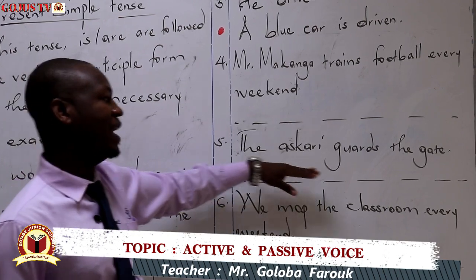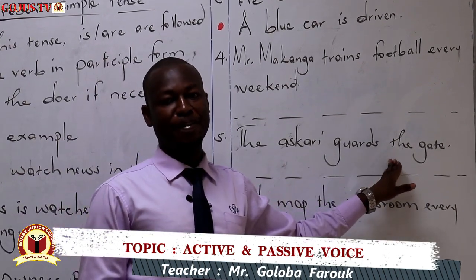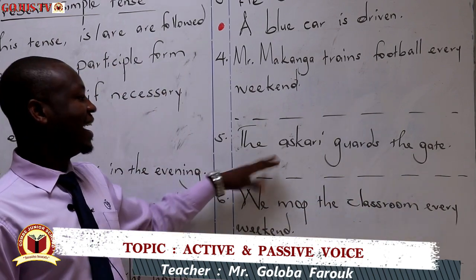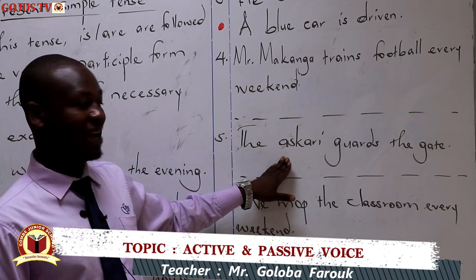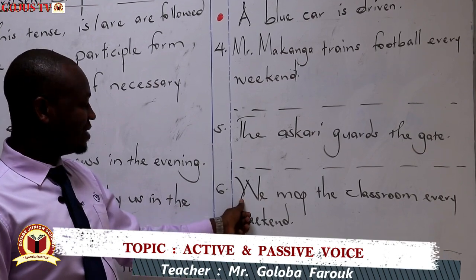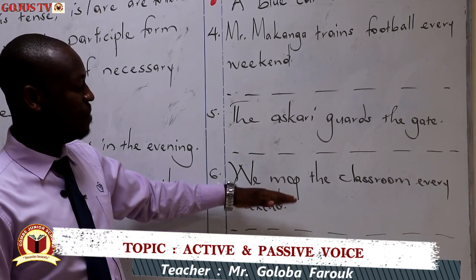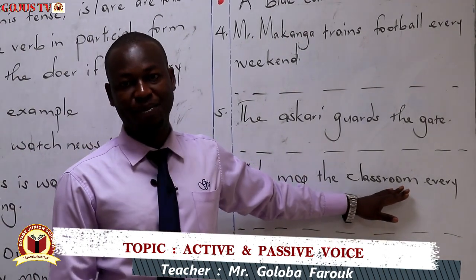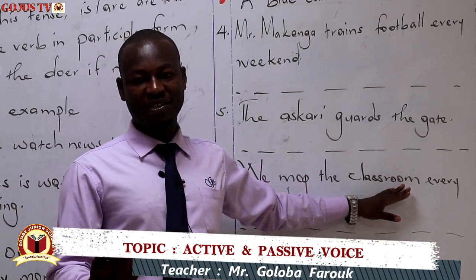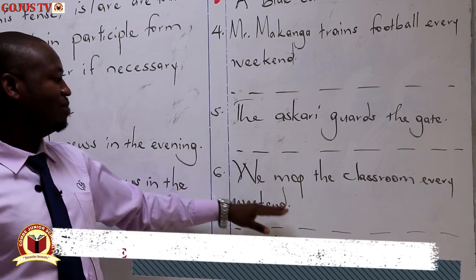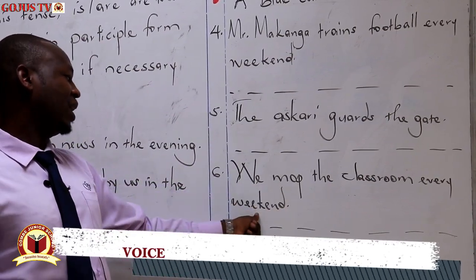If we are to begin with the gate, what will we say? Okay, the gate is guarded by the askari. Example 6, we mop the classroom every weekend, and we are meant to begin with the classroom. You quickly make it for yourselves. But here we shall say the classroom is mopped by us every weekend.